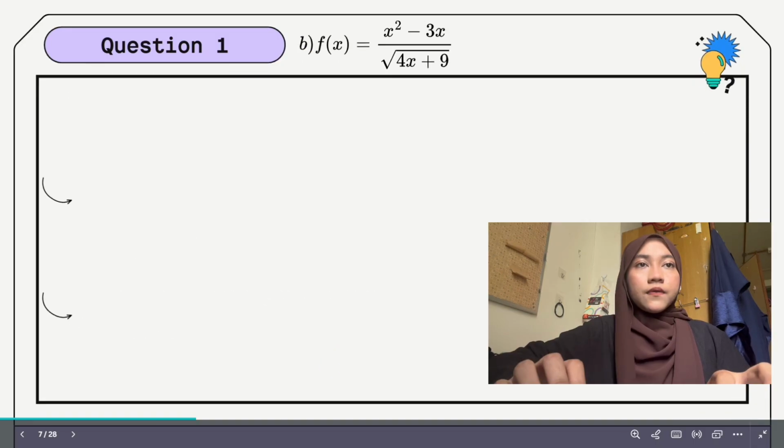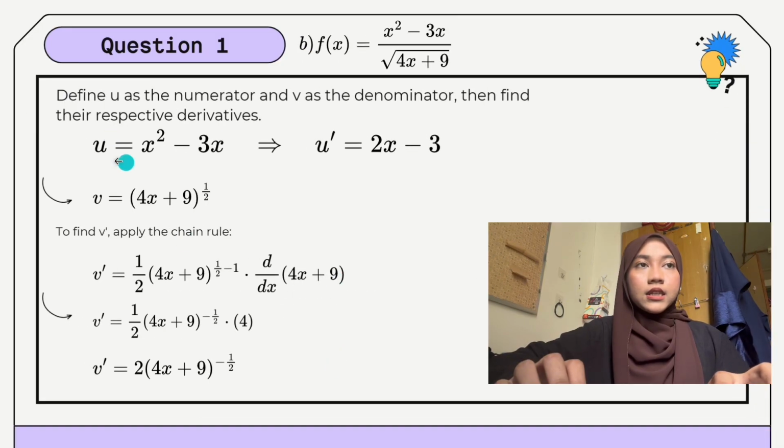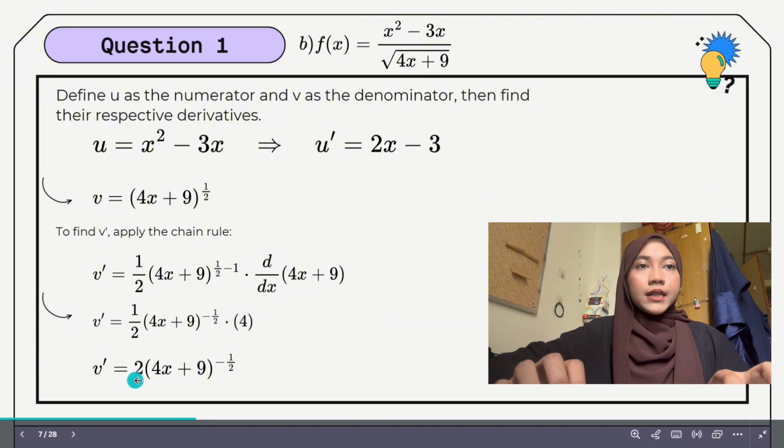We define u as the numerator and v as the denominator, then find the respective derivatives. u is x squared minus 3x, u prime is 2x minus 3, v is 4x plus 9 to the power of 1 over 2. And for v prime, we apply the chain rule, and the result is 2 multiplied with 4x plus 9 to the power of negative 1 over 2.